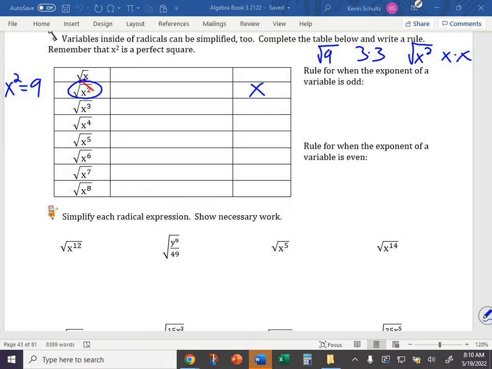Okay? The understanding of how to deal with roots in variables is an understanding that any variable squared is a perfect square. Part of it is because of opposite operations. The other part of it is the mere definition of what a square root is. Okay? So hang on to that.